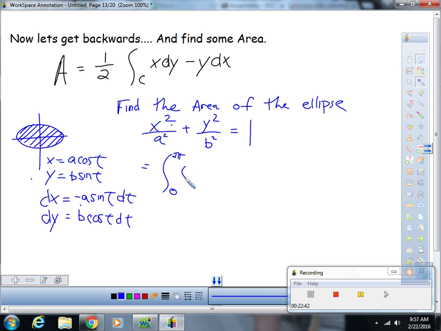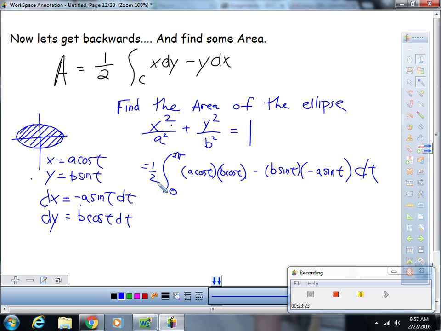So, what's x again, class? A cosine t times dy. B cosine t minus y. So, b sine t times negative a sine t. Are you seeing how? And then this is just dt times 1/2 out here. Thank you, Ratchet.